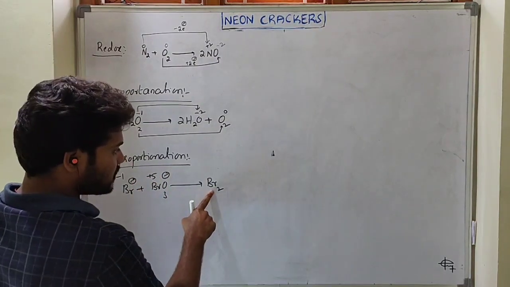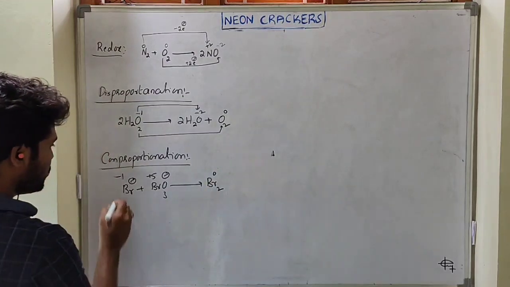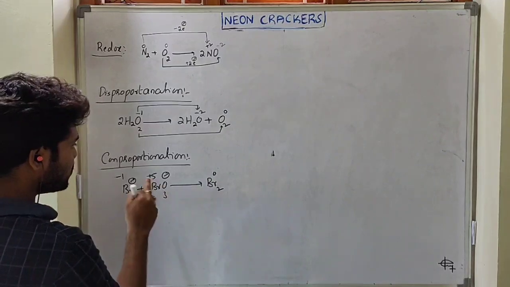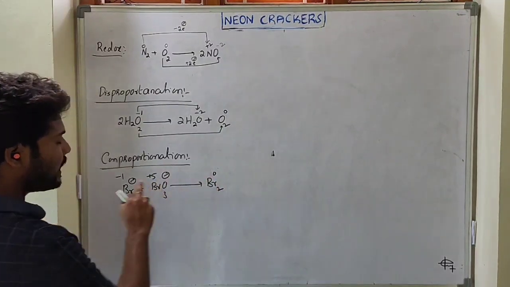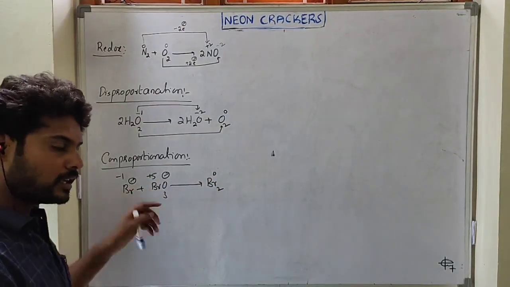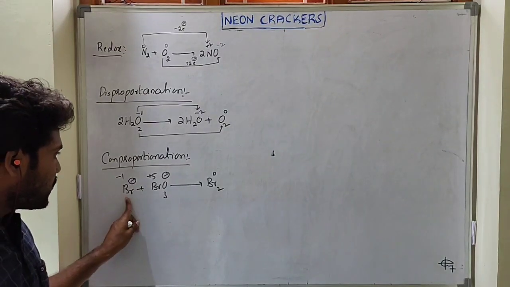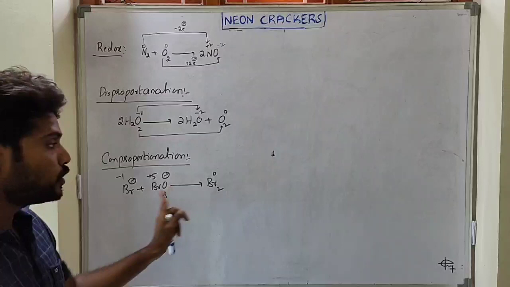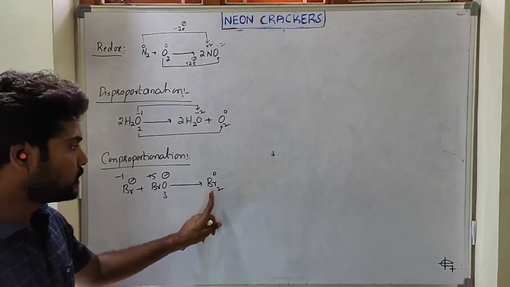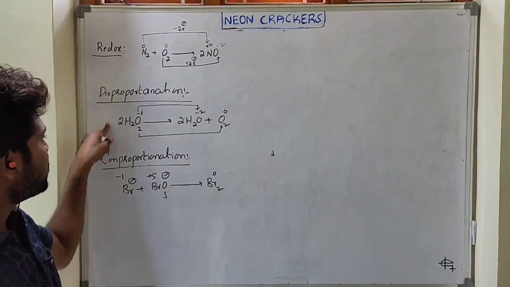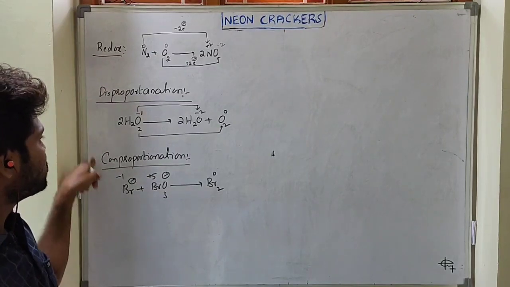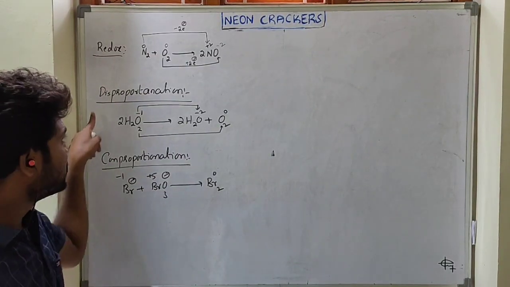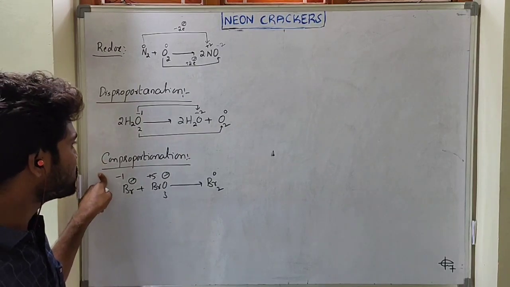Here? 0. So -1 to 0, what happened? Removal of electrons, and +5 to 0 is adding 5 electrons. So one undergoes oxidation, another undergoes reduction, and respectively they produce one kind of product. Of course, all three are examples of redox reactions, but these two have specific conditions. Are you getting my point? Disproportionation reaction and comproportionation reaction.